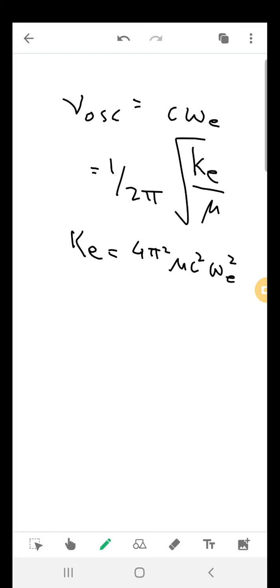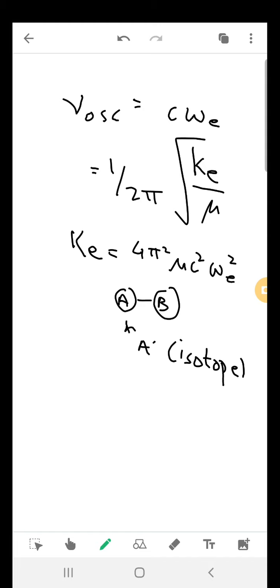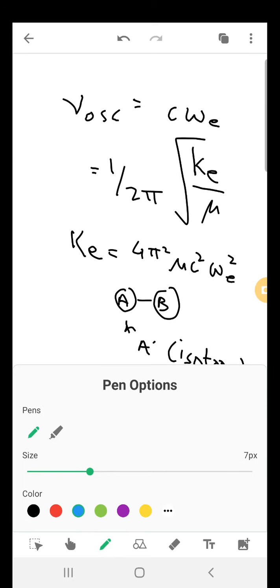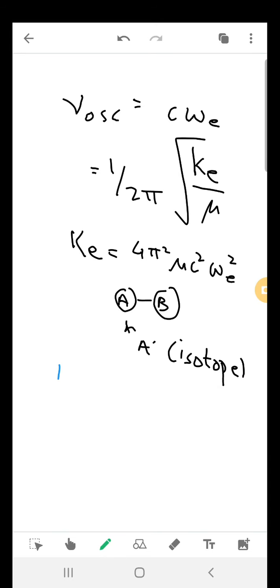Next, consider a molecule AB. If somehow we replace one of the atoms by its isotope, like A dash, what changes can we have due to this substitution? This is called the isotope effect.